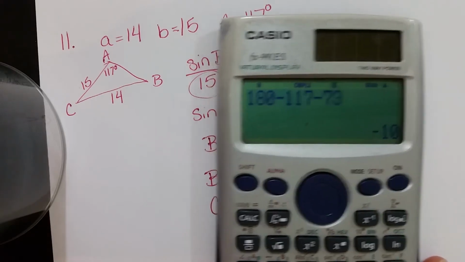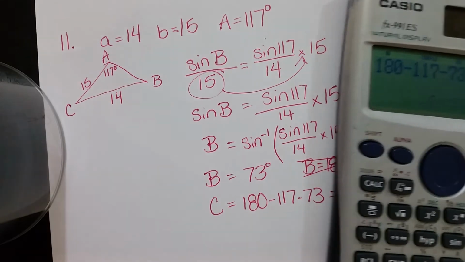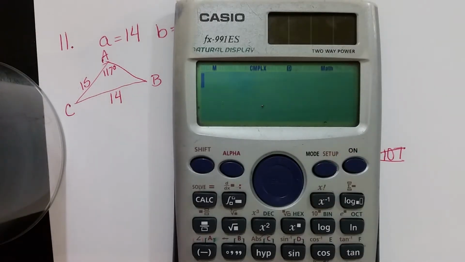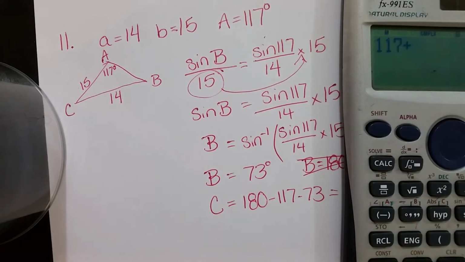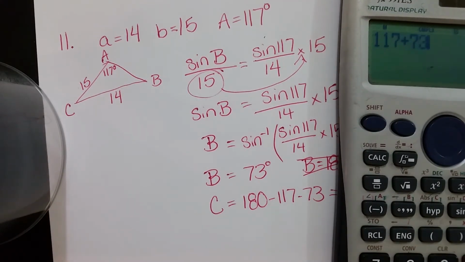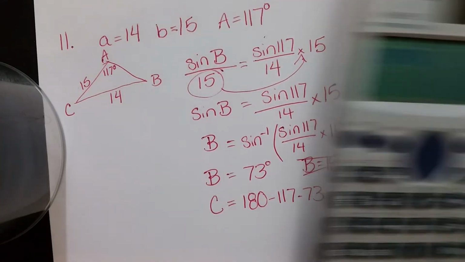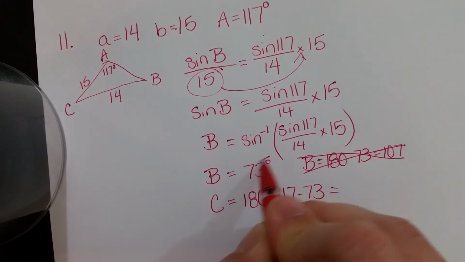I also have over 180. So I guess I didn't look at that first. But if you actually go back, the original angle is 117, right? Then you've got an answer for B of 73. That one is also over 180. So what this means is that actually B can't be 73 either.